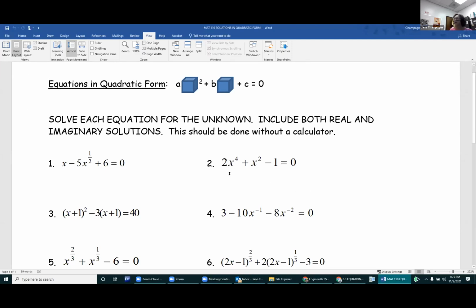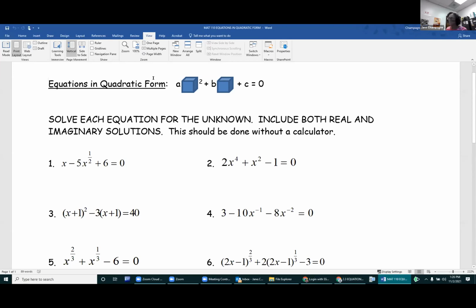Okay, so now we're looking at equations in quadratic form. You can see my little picture at the top here. It's where you've got some number A times something squared, plus some number B times something, plus C equals 0. So it looks like a quadratic equation, but that box doesn't have to be just x.